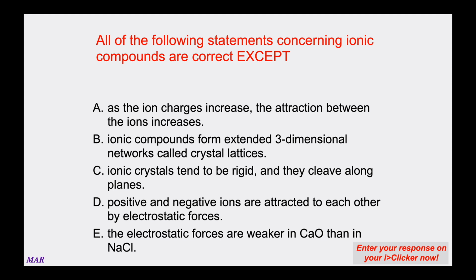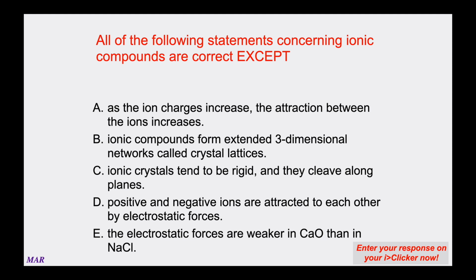And although we won't use Coulomb's law in a way that physicists would use it, we will get two things from Coulomb's law. And the first one says that as the ion charges increase, then the attraction between the ions will increase. And if you look at the first one, A there, it says as the ion charges increase, the attraction increases. That one is true. That's directly from Coulomb's law.